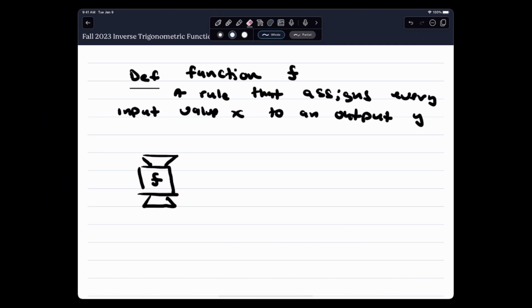Did I give you guys this lecture already when we talked about functions? Yeah, I have. Thank you so much. Okay, that's a little bit of a review. So you say, what is a function? It's a rule that assigns every input value called x to an output value called y.